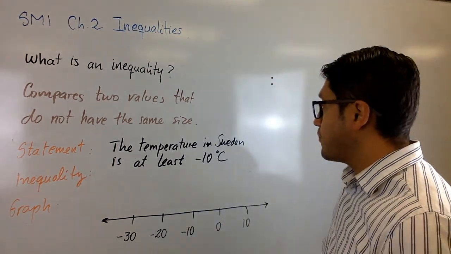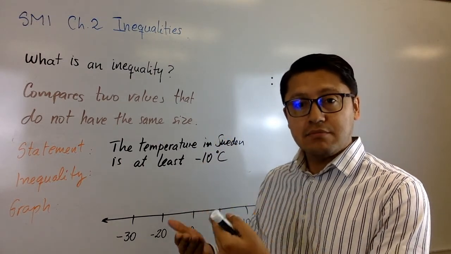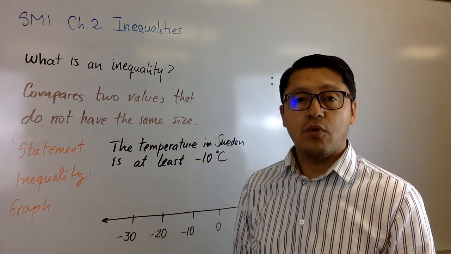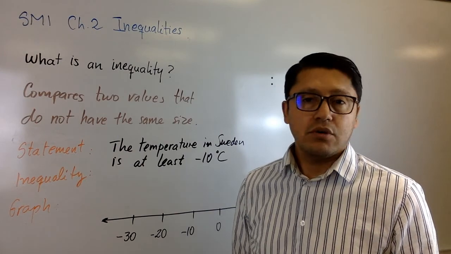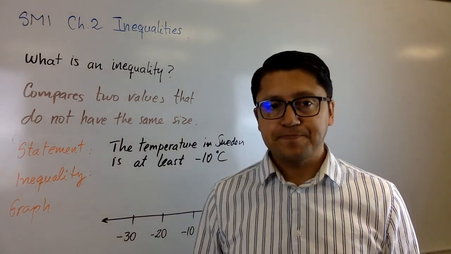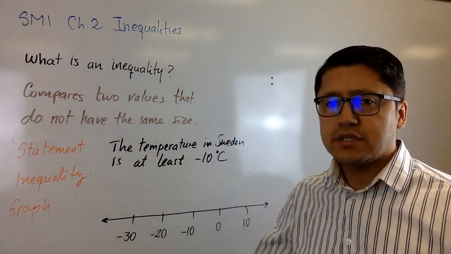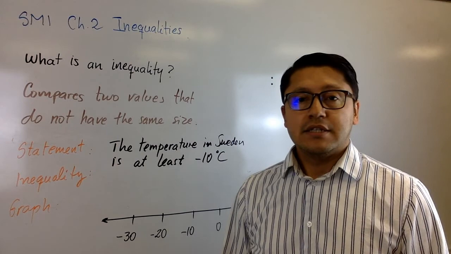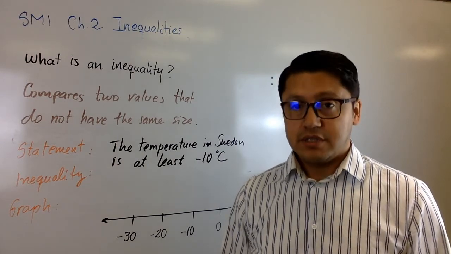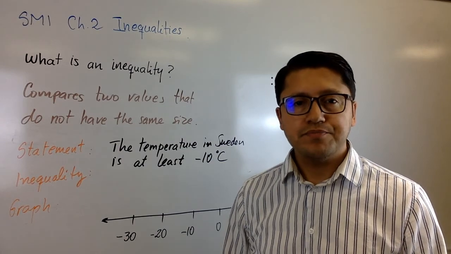So I'm going to start with an example using one of those four signs that we use in the case of inequalities. We have the following statement. The temperature in Sweden is at least 10 degrees below zero, or negative 10 Celsius. Okay?